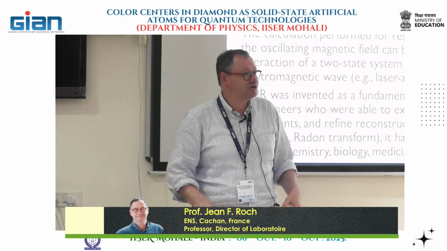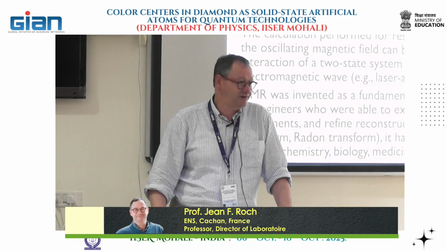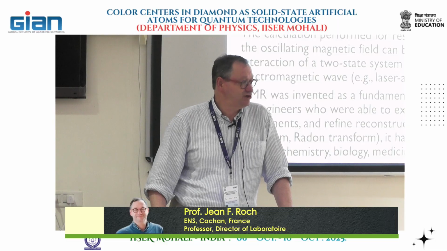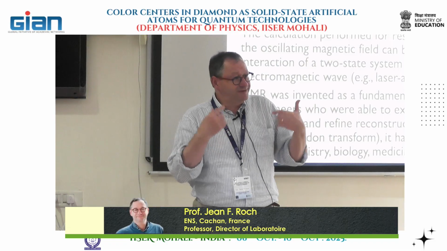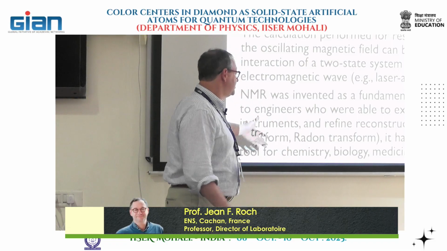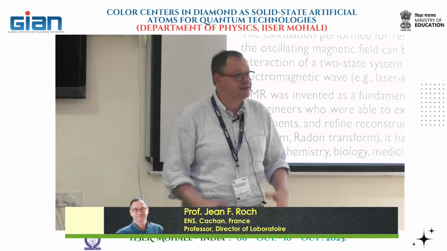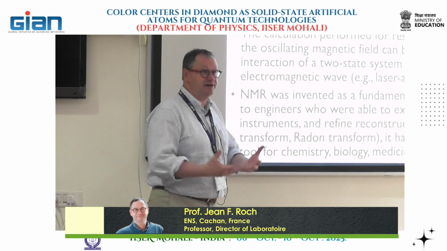You can purchase an NMR spectrometer, you can purchase a nuclear imaging machine, an MRI machine, and you can also refine reconstruction methods like the Fourier transform and the Radon transform, which has also been very important. So it has now become an essential tool.